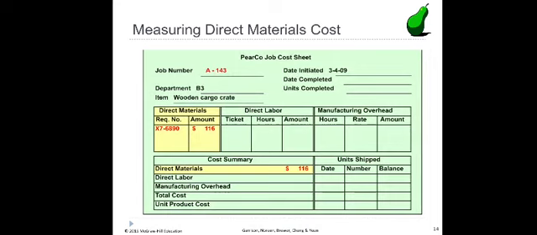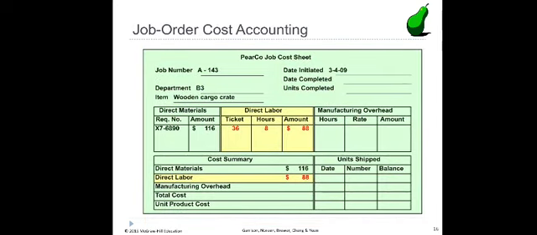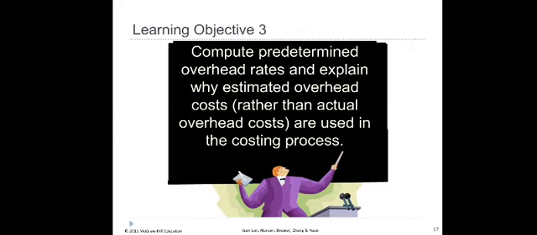Then the business has to list all the material costs in the section for direct material cost. Okay, this is a document related to direct labor. When the business has to pay direct labor cost related to a job, it has to record it in the job cost sheet.